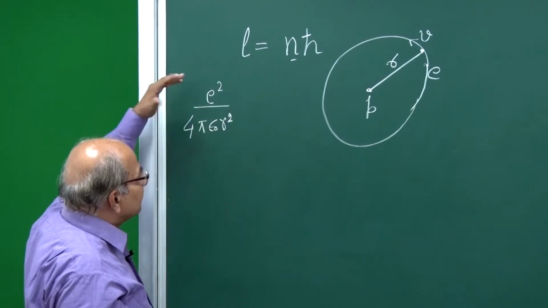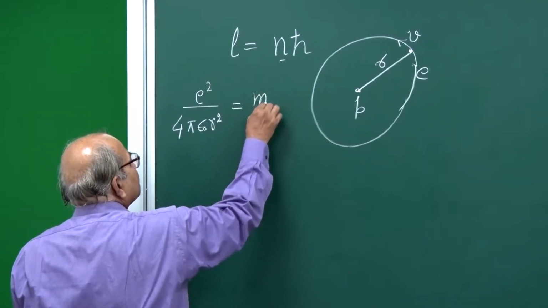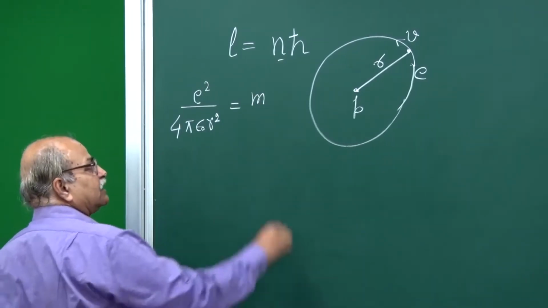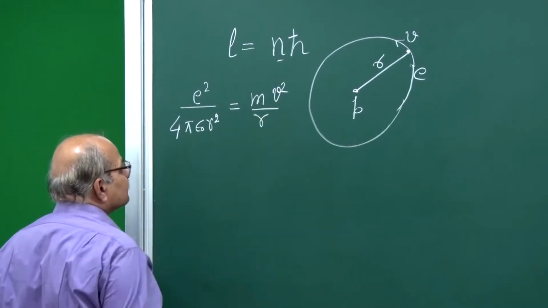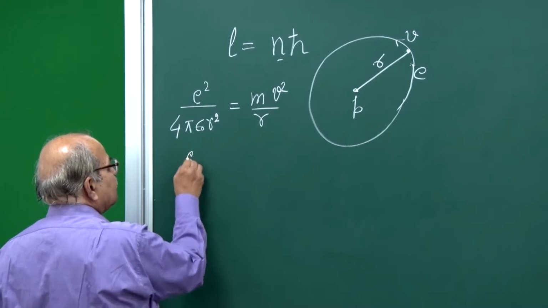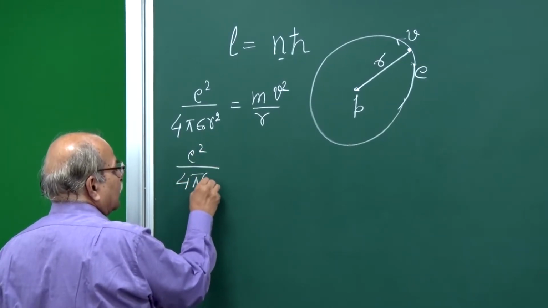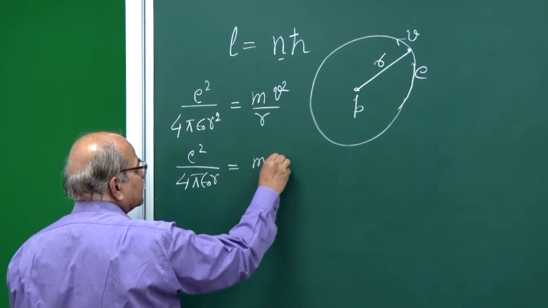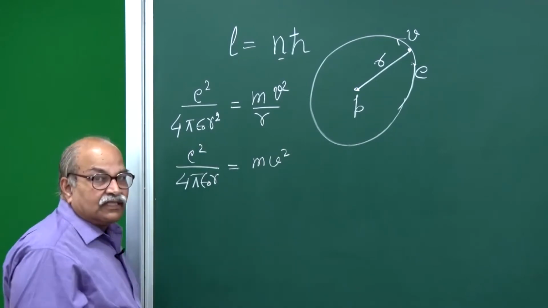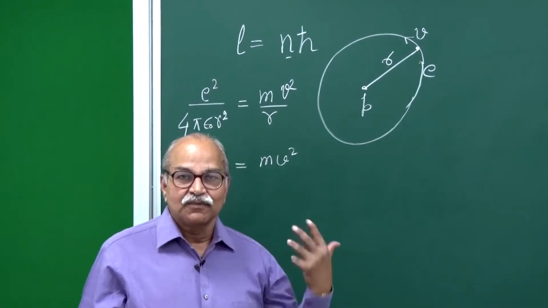This is the force, and this force should be equal to the mass of the electron times the acceleration, which is v square divided by r. So, you have e square over 4 pi epsilon naught r equal to m v square.